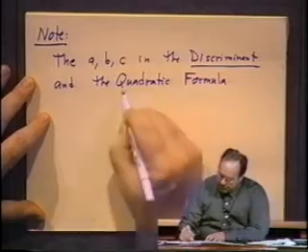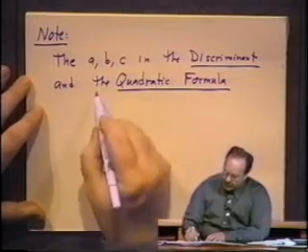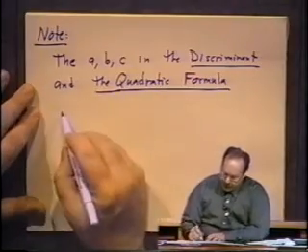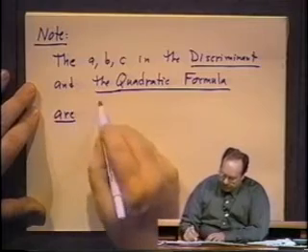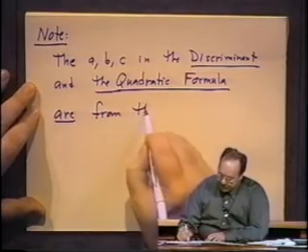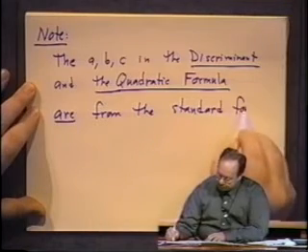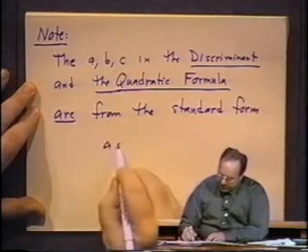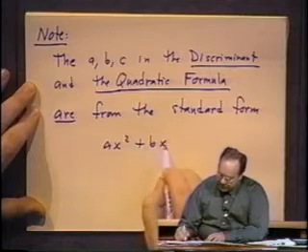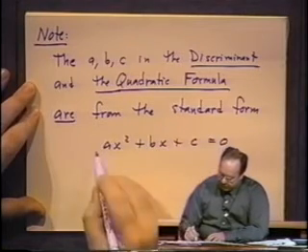This is something you want to keep in mind. The a, b, and c in the discriminant and the quadratic formula are from the standard form ax squared plus bx plus c equals 0.